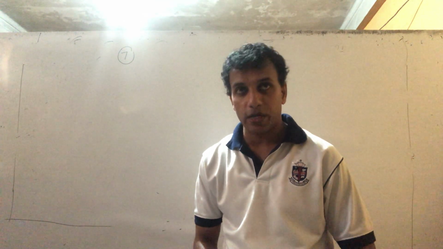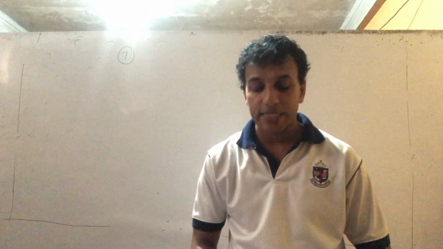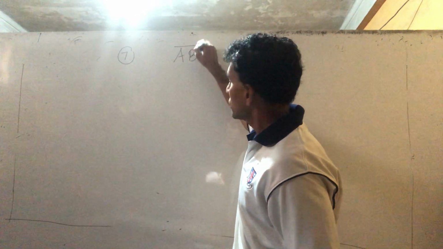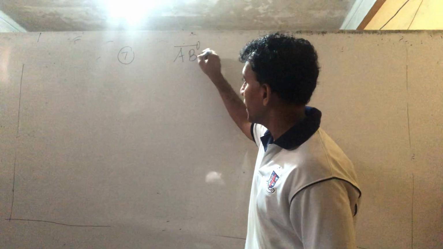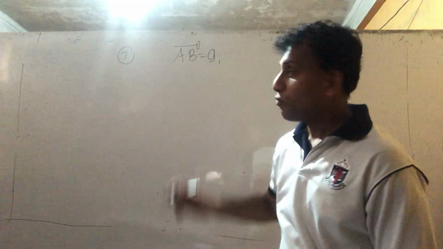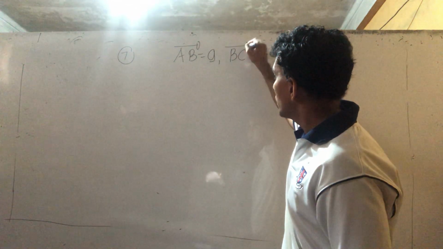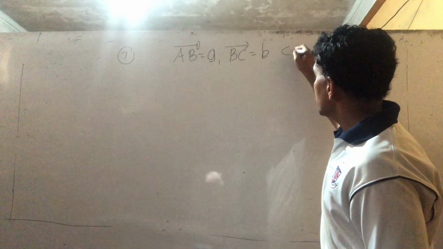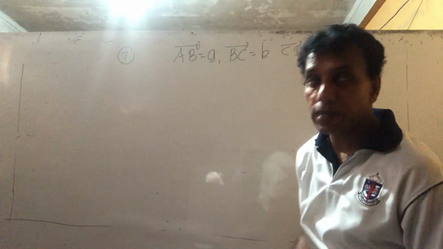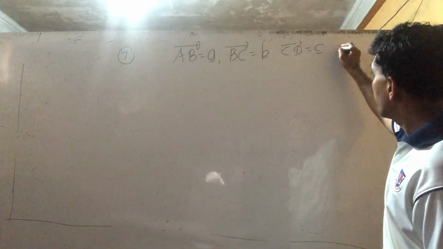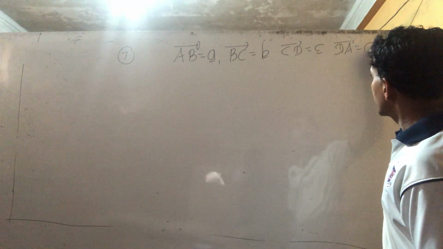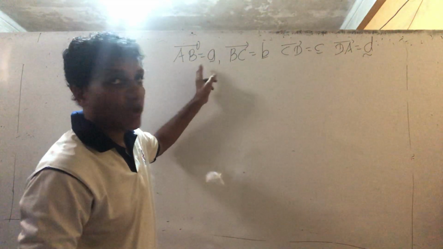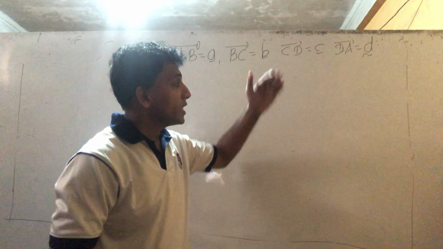ABCD is a quadrilateral where vector AB equals vector A, vector BC equals vector B, vector CD equals vector C, and DA equals vector D. ABCD is a quadrilateral, a four-sided closed polygon, where AB is vector A, BC is vector B, CD is vector C, and DA is vector D.